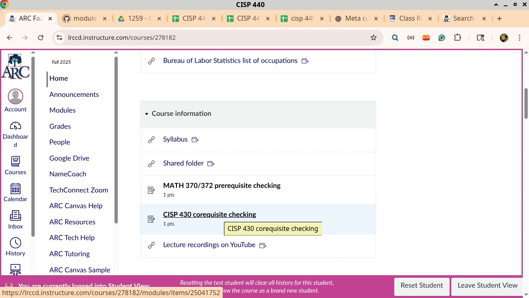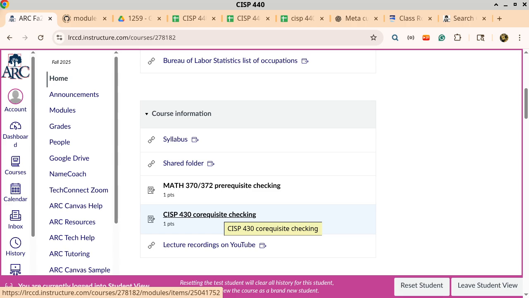That means you need to provide some evidence that you are currently enrolled in CISP 430 this semester. In eSurfaces, there are two screens that you can take a screenshot of. One is called View My Courses, I think, and the other one would be your unofficial transcript.